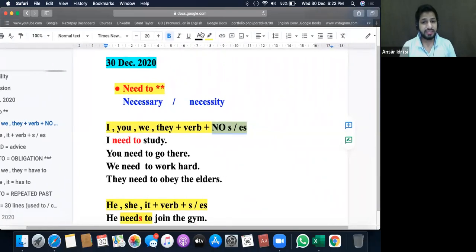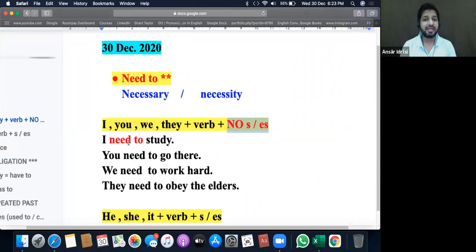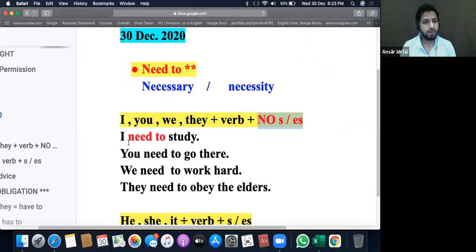And he, she, it, verb plus s or es we are going to put. For example, I need to study. मुझे study करने की जरूरत है. अगर नहीं करूंगा तो मेरा नुकसान हो जाएगा.